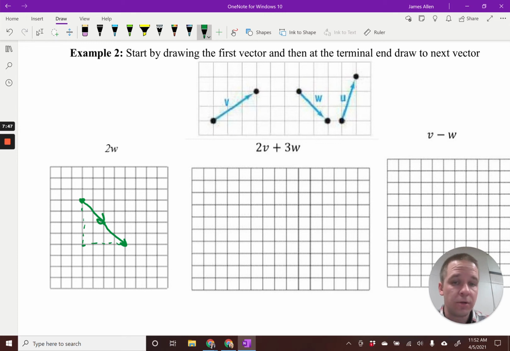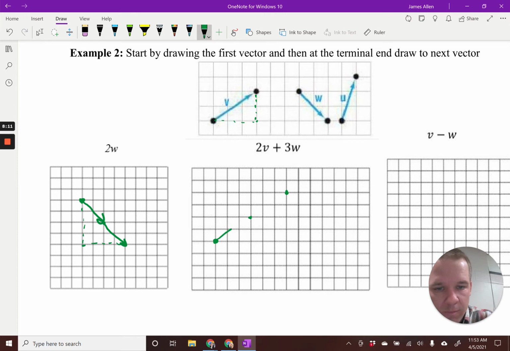Now we can also graph 2v plus 3w. So v goes over 3 and up 2. So I'm going to start that right here. I'm going to go over 3 and then up 2, and then I'll do it again, over 3 and then up 2. Or I could go over 6, up 4.